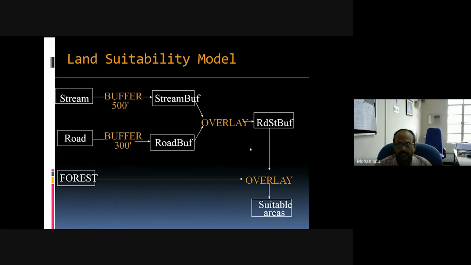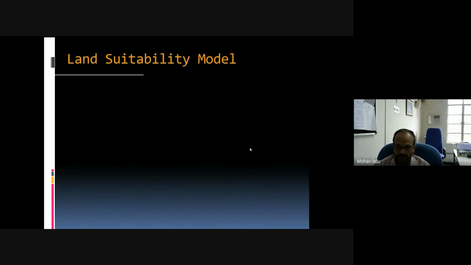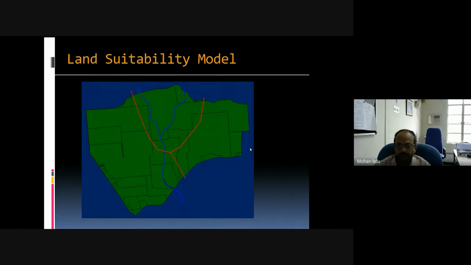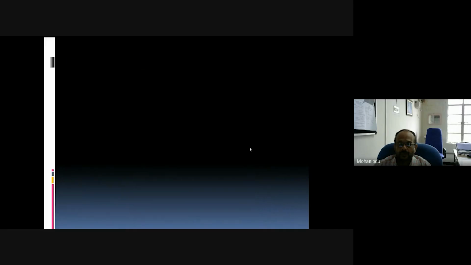For example, if you want to have a buffer zone in the forest, or if a road is being laid in the periphery of the forest or in the middle of the forest, we can generate a kind of buffer zone and then identify the suitable areas for the buffering activity or something like that. Here, for example, you can see, so this is the road.